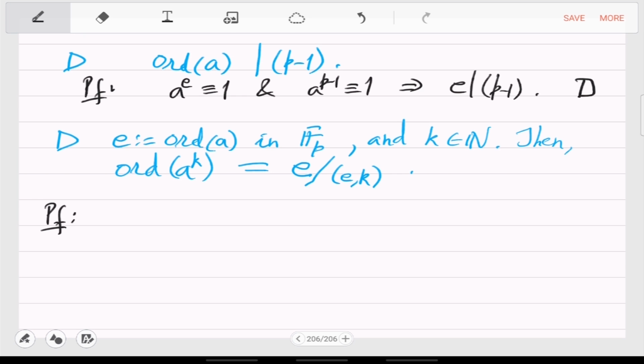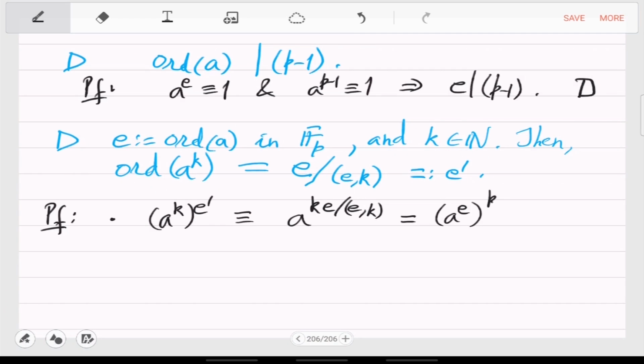So how do you show this? Well, first you can observe this number e prime. What is a to the k to the e prime? So this is k e divided by the GCD of e and k, which you can also write as a to the e, raised to k divided by the GCD.